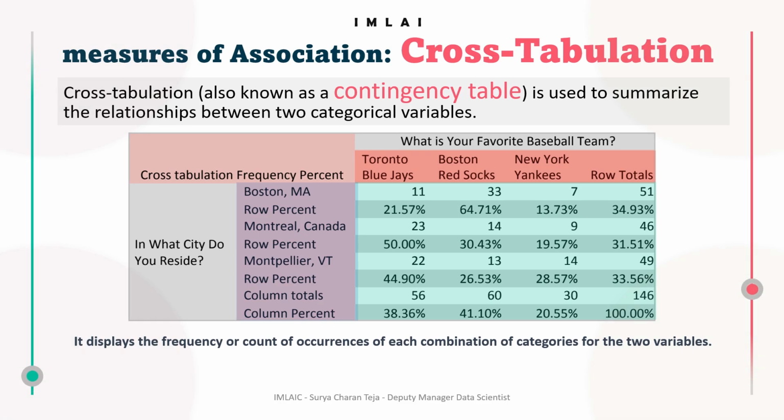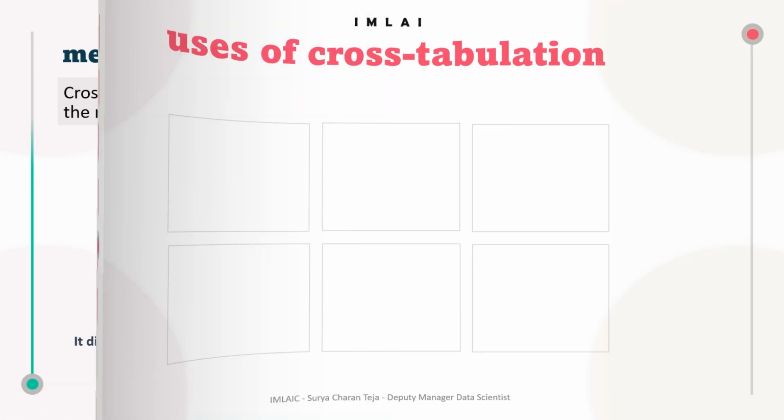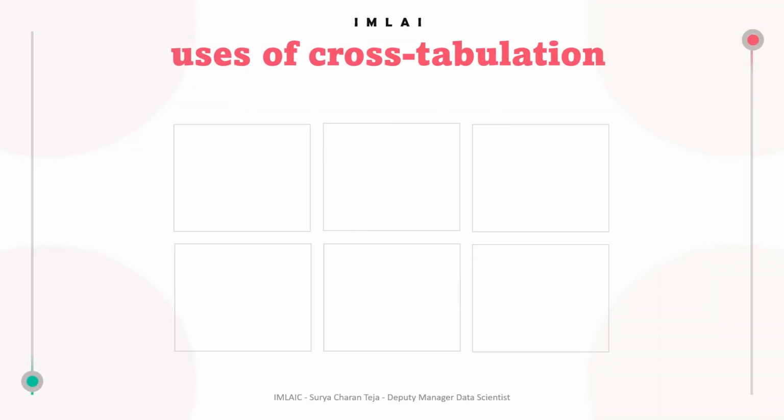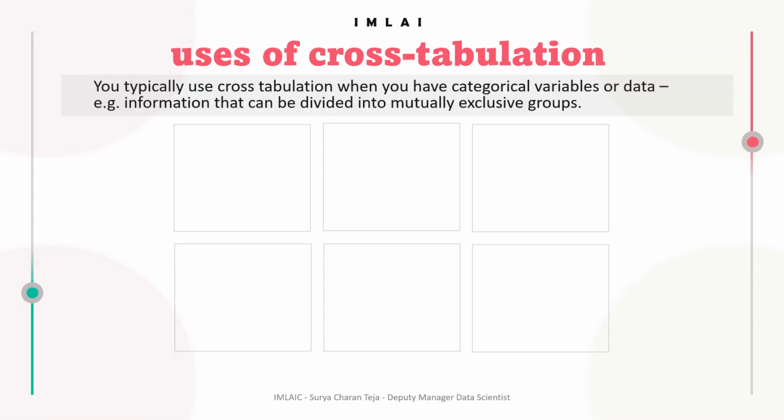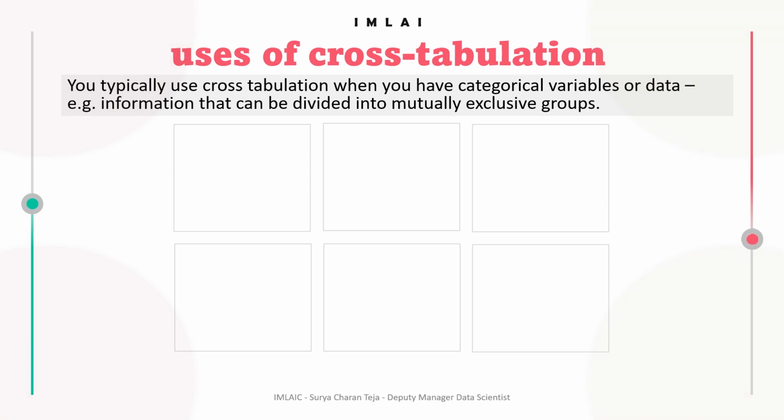Okay, so we have seen what is cross tabulation, what are stubs, what are banners. So now the next question that arises is, when should you use cross tabulation? You typically use cross tabulation when you have categorical variables or data, for example, information that can be divided into mutually exclusive groups.